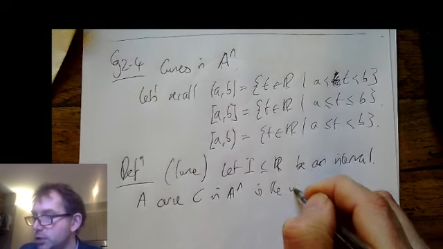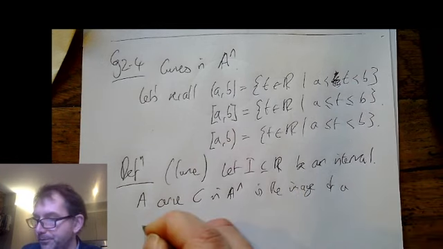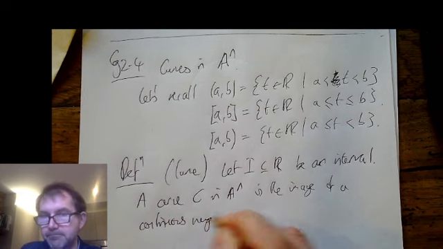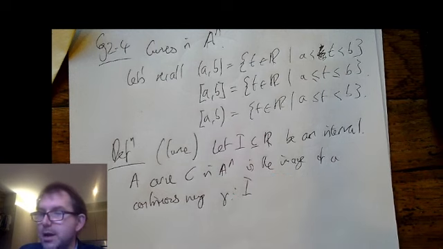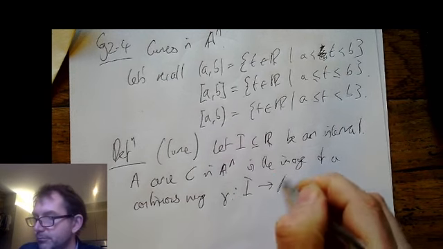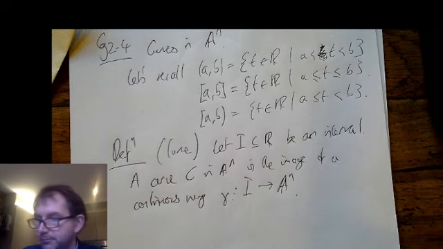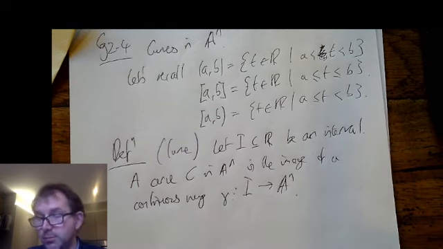is the image of a continuous map gamma, which takes I into A^n. So continuous here is going to mean that we do not want to be thinking of taking our pen off the paper.